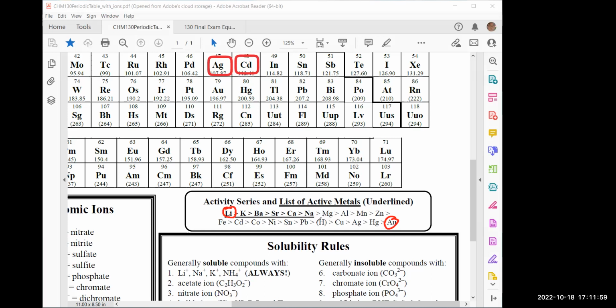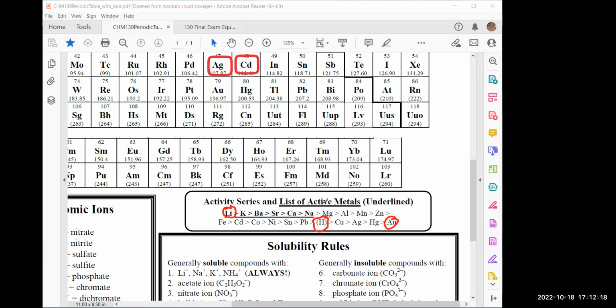So we're going to use this table to determine whether that single replacement reaction proceeds or not, okay? And all of that is in reference to hydrogen. It's a relative scale, relative to hydrogen, either in the form of hydrogen gas or in the form of water.